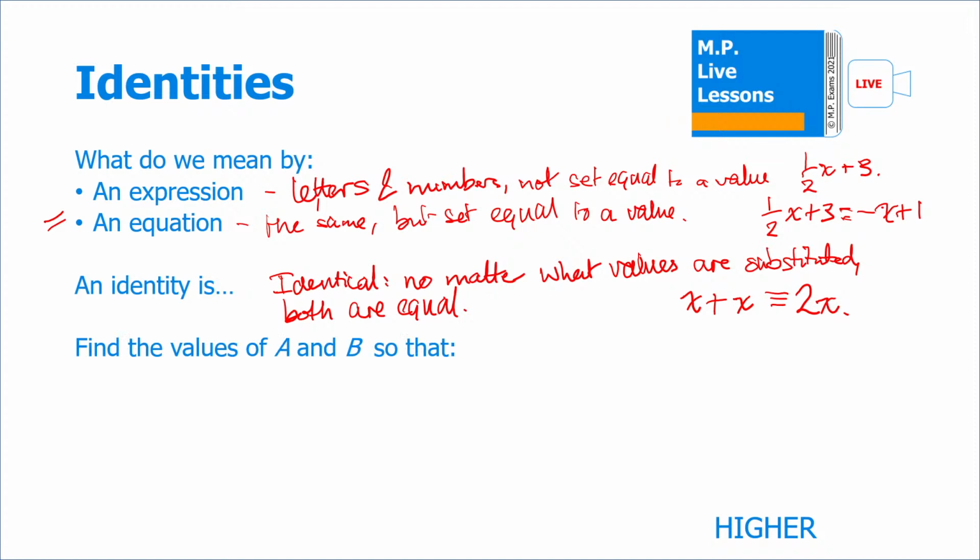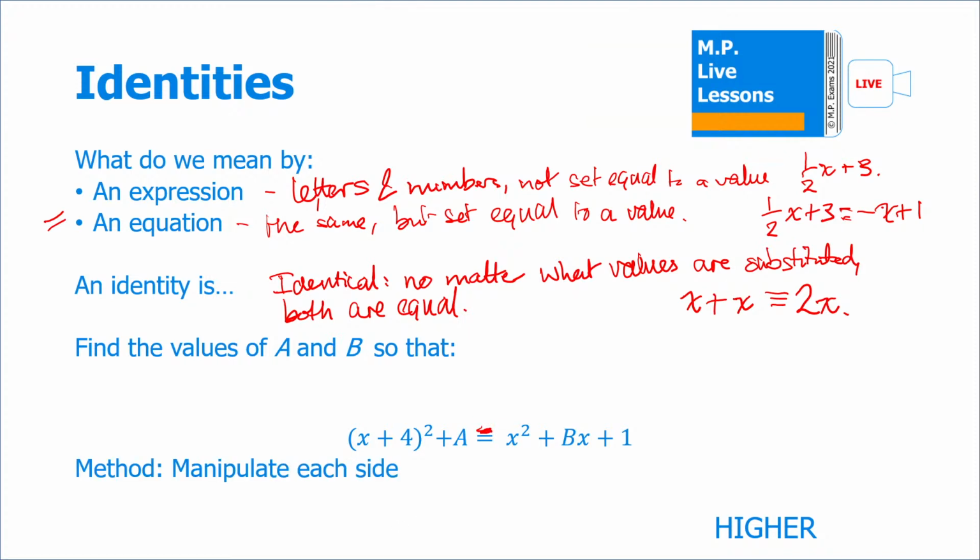So a practice question could be to find the values of a and b so that this identity is true. Well, the method here is to manipulate each side. So we'd start, for example, with the left-hand side. We may only need to do one side in a question.